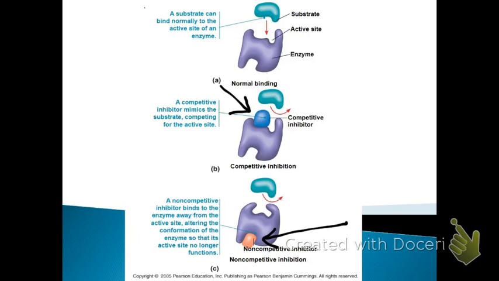It's not competing for the active site, but it will go in and lodge itself in the allosteric site, and it changes the shape of my active site. So now I can't fit my substrates in there because the shape changed. Okay? So the allosteric site is the place that non-competitive inhibitors will go to turn off the enzyme.